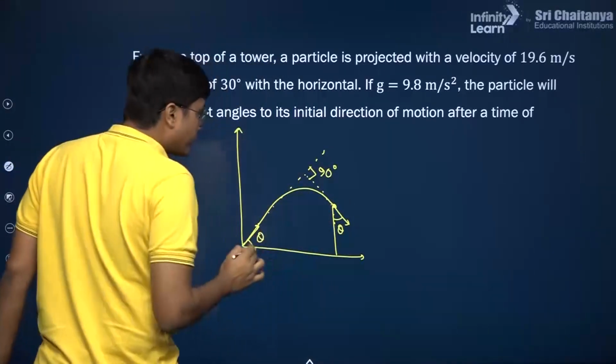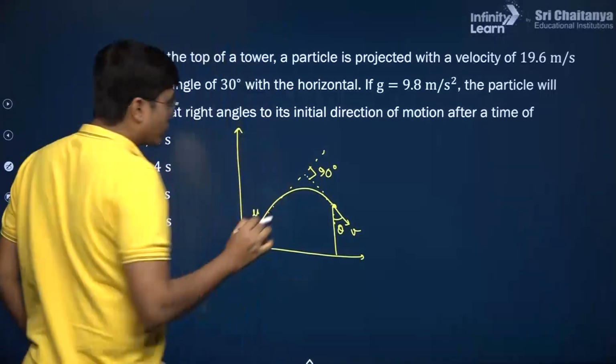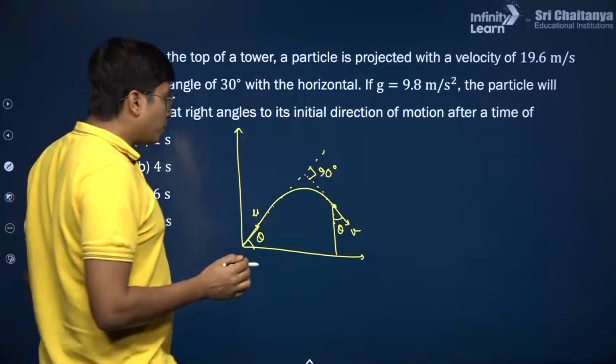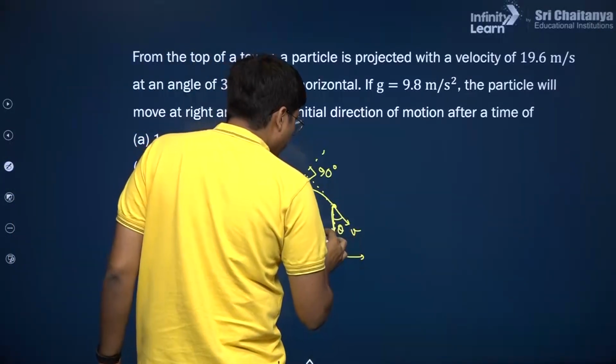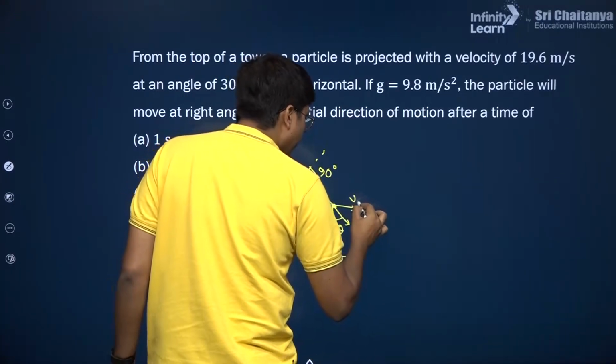Anyway, so over here, think this velocity, here it is V, here it is U. This velocity can have two components. One is this one, Vy, and in this direction you have Vx.